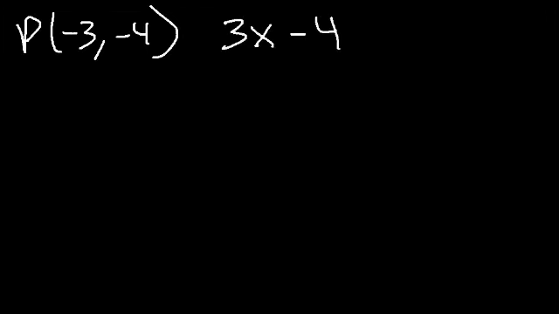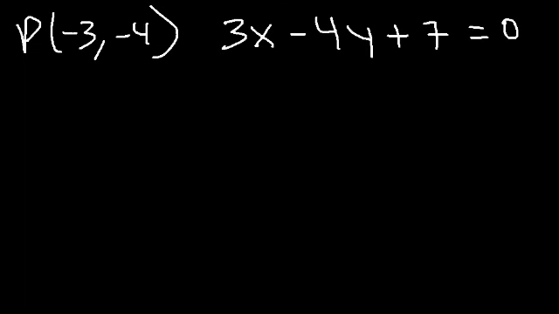Here's another problem for you. Write the equation of the line that passes through the point negative 3, negative 4, and that is perpendicular to the line 3x minus 4y plus 7, which equals 0. So the first thing we need to do is find the slope of this line.